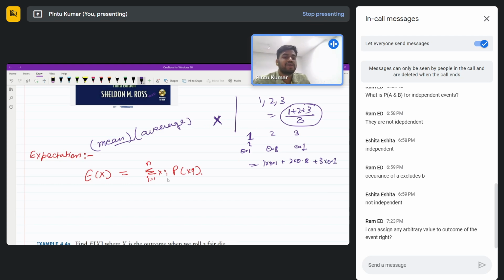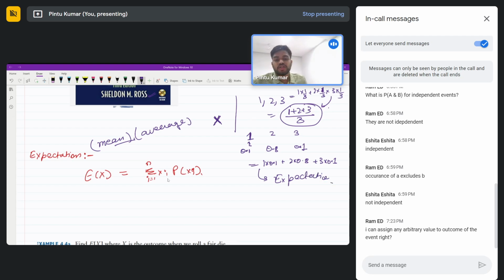Here all of them had equal chance of occurrence, right? So what we were doing here is 1 into 1 by 3 plus 2 into 1 by 3 plus 3 into 1 by 3, and then we obtain this formula. If you do just this much, you will get something that is known as your expectation.